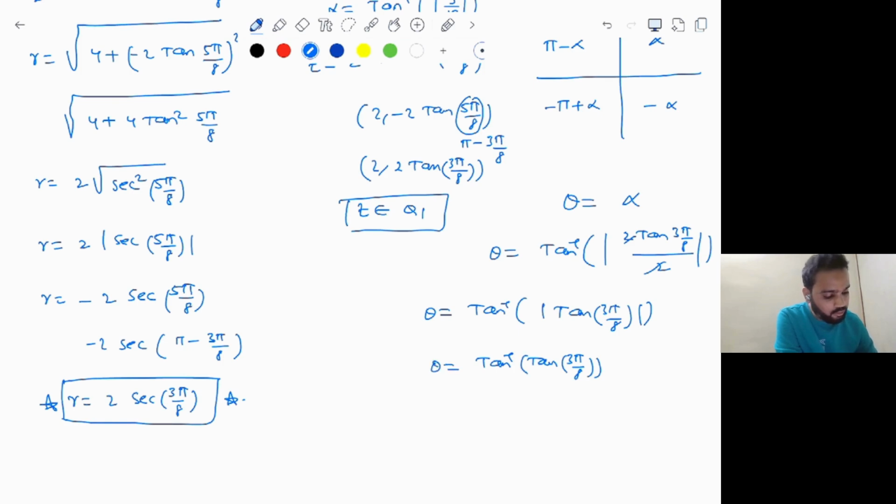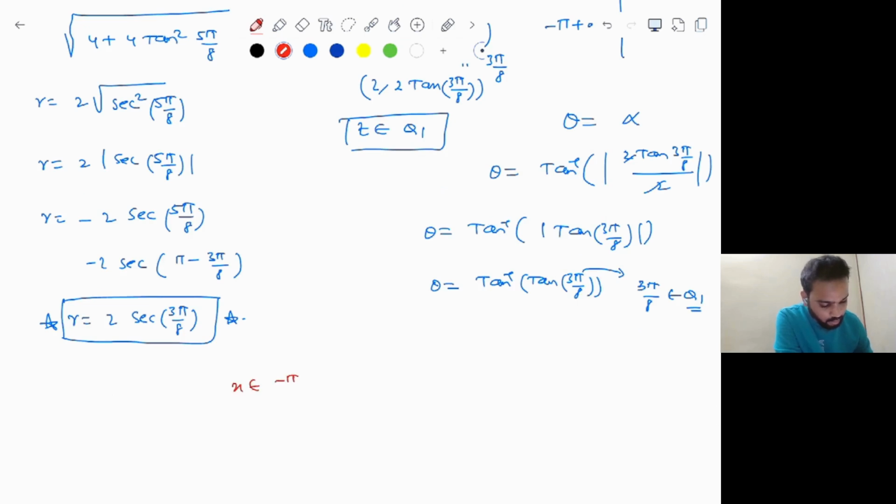Now once again here we have the tan inverse of tan x concept, but we know that 3 pi by 8 is lying in quadrant 1. So whenever we have x in between minus pi by 2 to pi by 2, tan inverse of tan x is always equal to x, right? So let me mention that if you forgot.